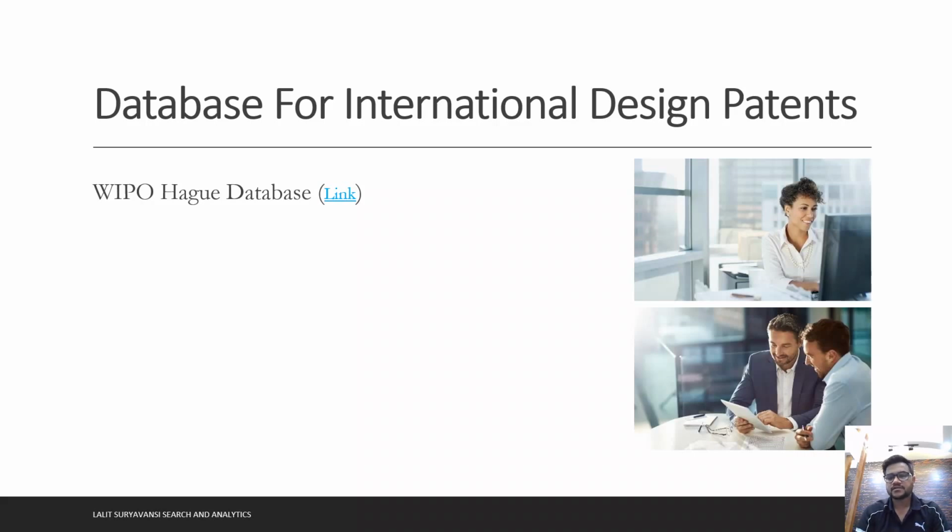Hague applications are nothing but applications filed under the Hague Convention, which are again international design applications. So for searching design applications, you can go to the WIPO Hague database, and then you can perform searches there to identify if someone has filed a Hague application.